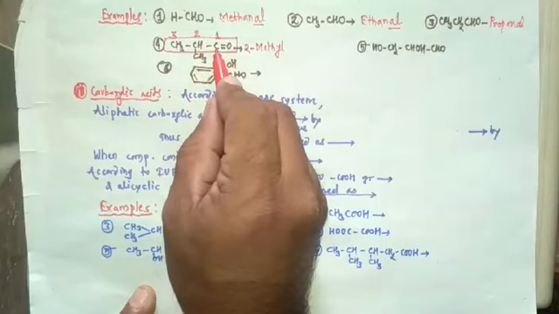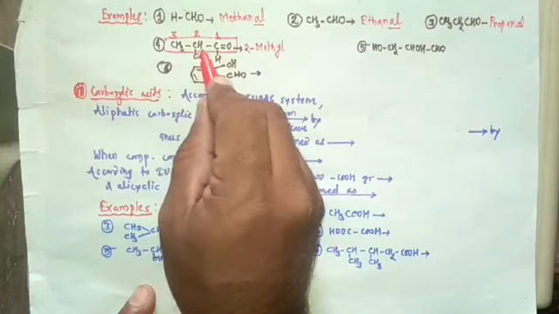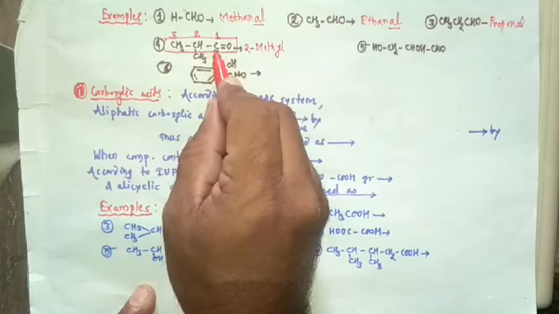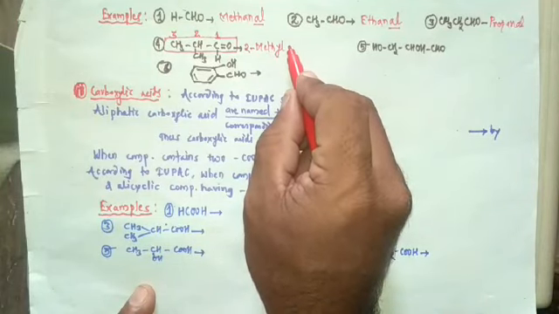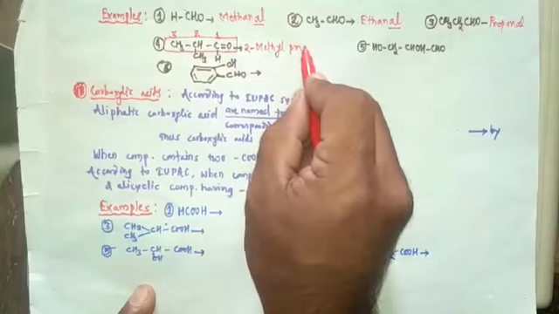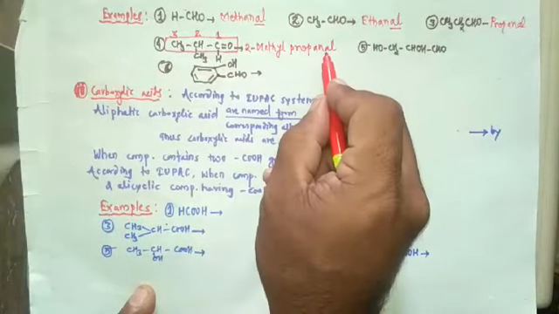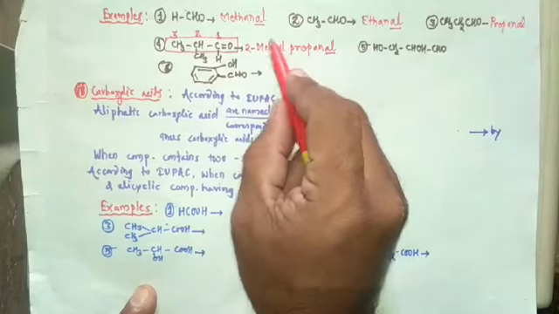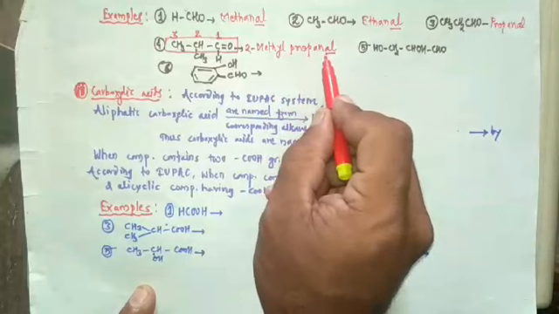Three carbon atoms are present, so the corresponding alkane is propane, and replacing the final letter E of propane by al, we get propanal. So the IUPAC name of this compound is 2-methylpropanal.